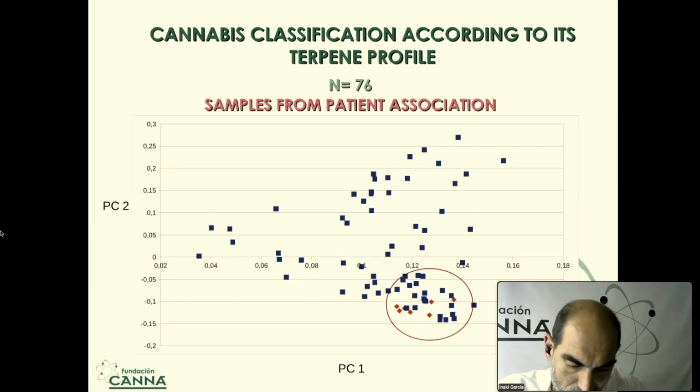So as we can see in the graph, according to the terpene profile, they are very similar to each other, okay? Because, as I said, they are very close to each other. So in this case, these patients are losing the possibility of benefiting from the positive effects that plants with very different terpene profiles could have for each of their pathologies.